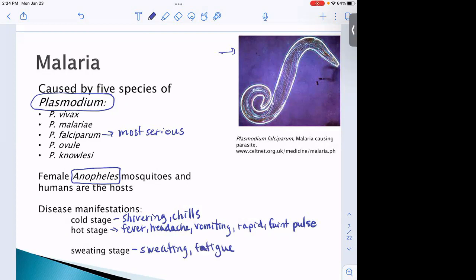Lots of complications of this. Sometimes people's kidneys shut down. Of course, anemia, because as we'll see, this is targeting a patient's red blood cells. There can be neurological complications.